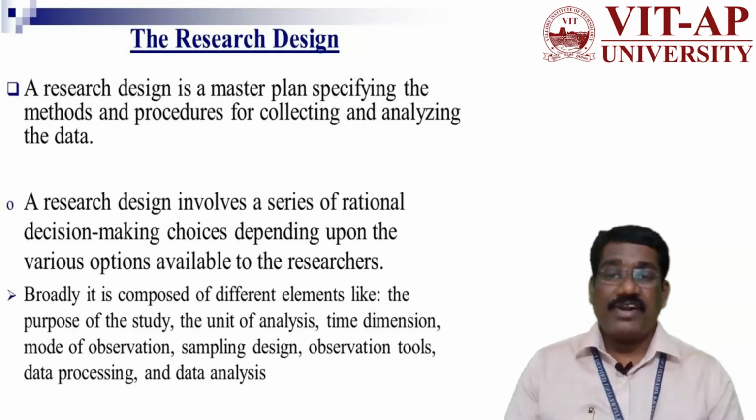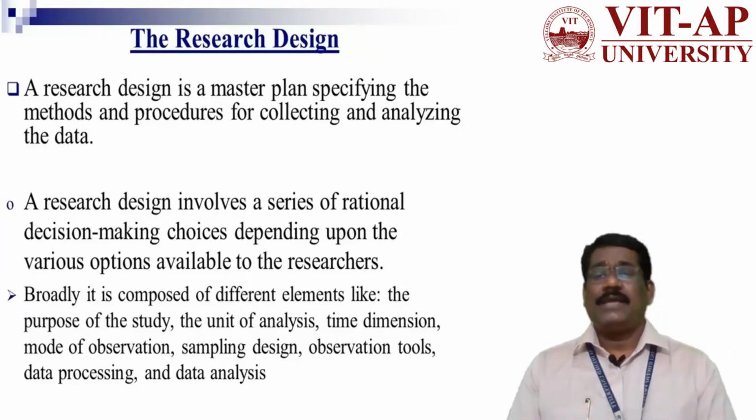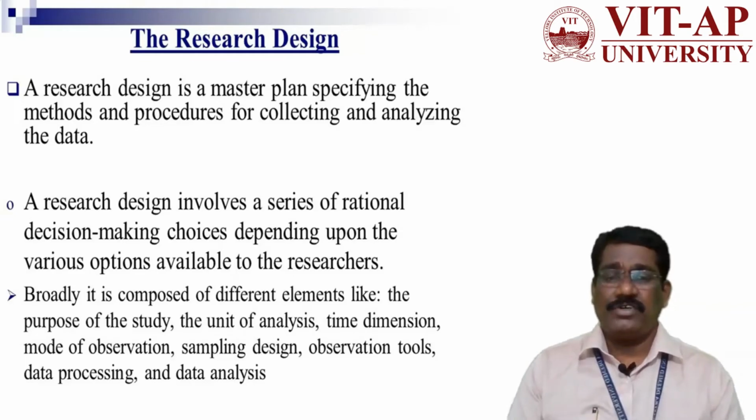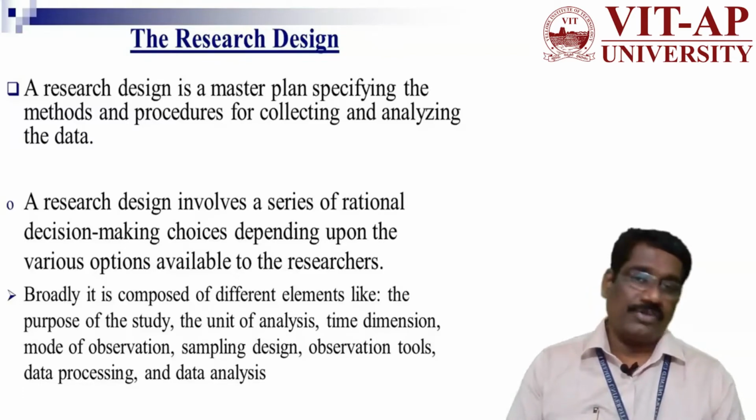Broadly, it is composed of different elements like the purpose of the study, the unit of analysis, time dimension, mode of observation, sampling design, observation tools, data processing, and data analysis. The research design will give you a kind of blueprint. For example, if you are going for a descriptive or an exploratory type of research design, there are many more types of research design available, and in that case we need to define the elements of the blueprint of your research.